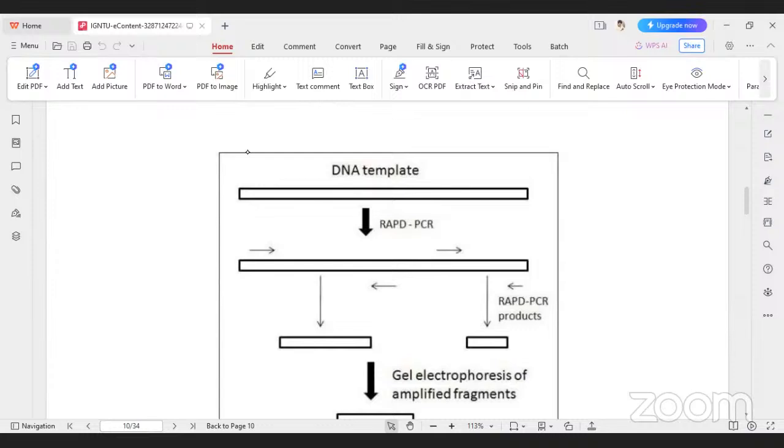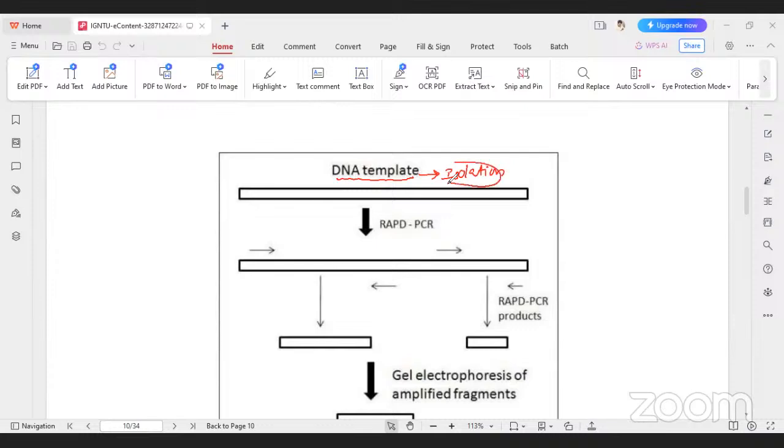First of all, this is DNA. This is the DNA template. From the genome, isolation.